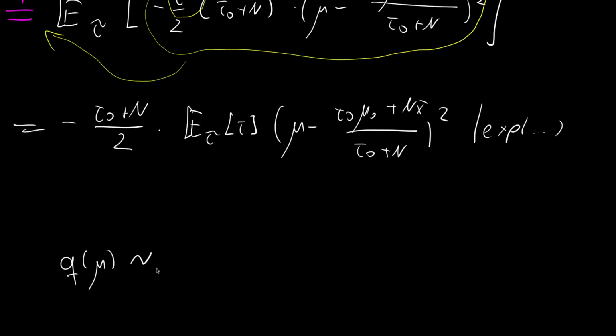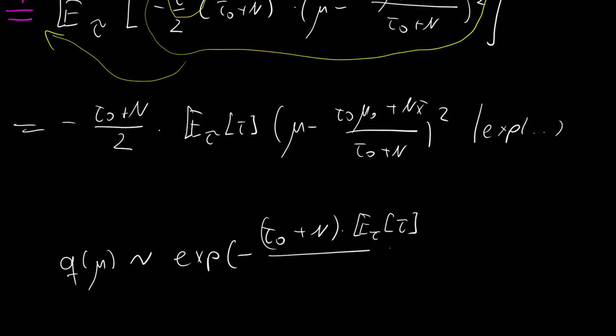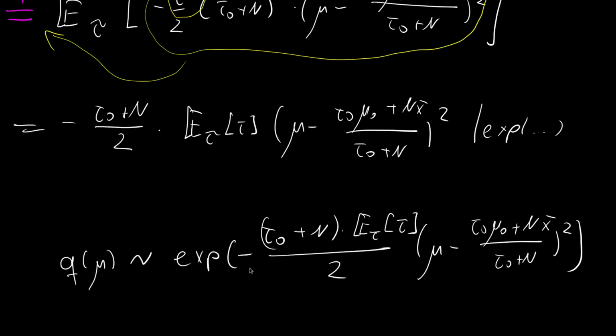So in this case, this one would be proportional to the exponential of minus (tau_0 + n) times the expectation over tau applied to tau, over 2, times (mu - (tau_0 mu_0 + n x bar)/(tau_0 + n)) in brackets squared, and then closing brackets for this exponential.